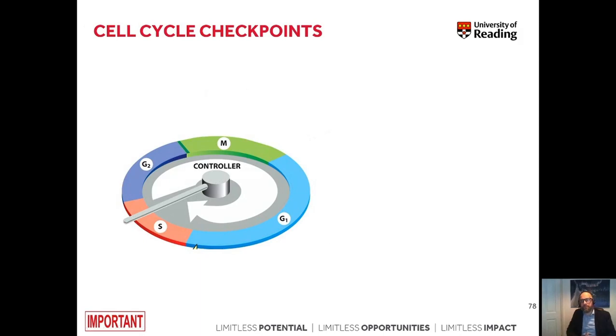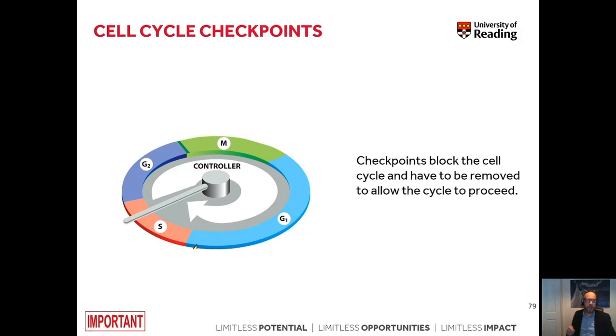If a cell divides, the cell cycle needs to happen. However, the transition between each of those cell cycle phases is fairly tightly controlled. And here we are talking about so-called cell cycle checkpoints.